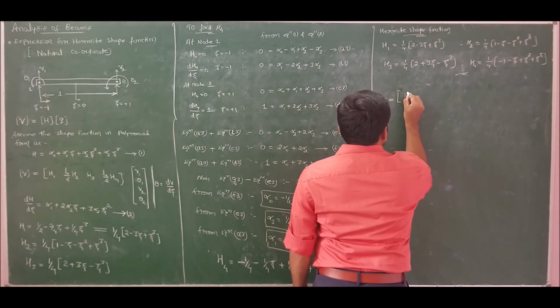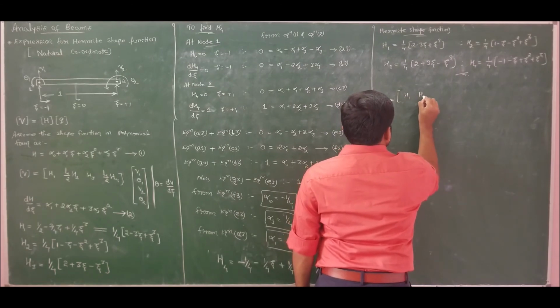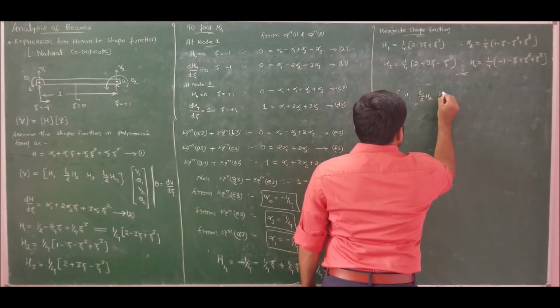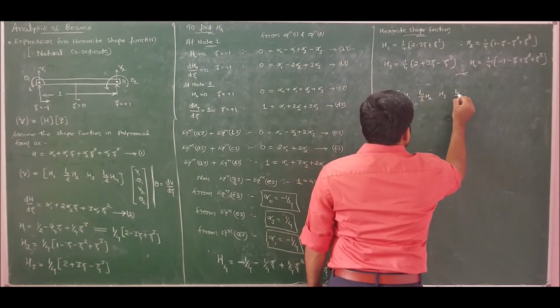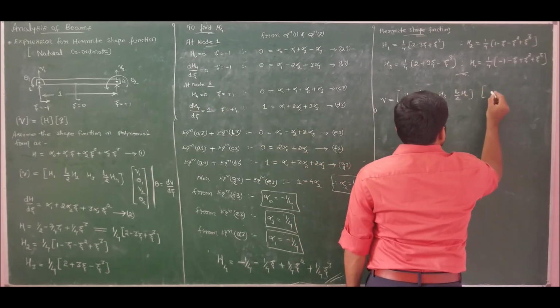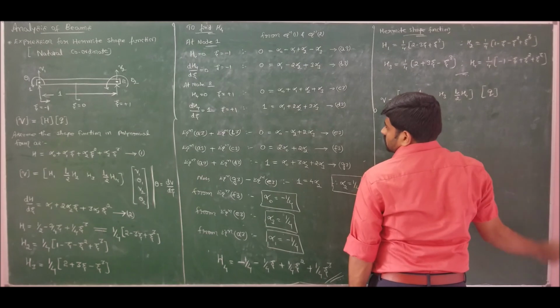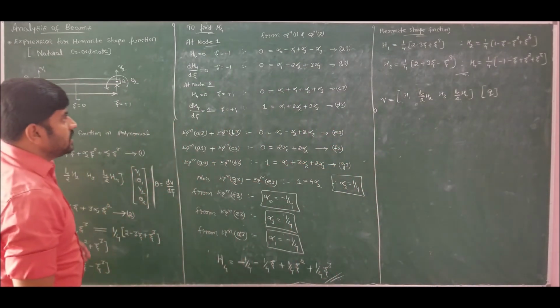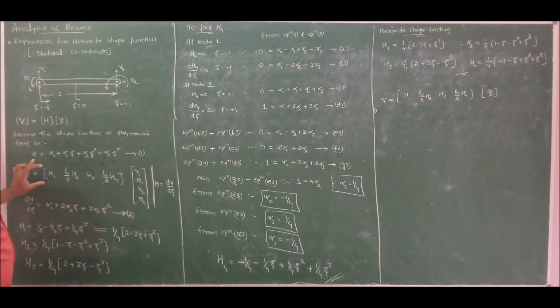We have H1, LE by 2 H2, H3 and LE by 2 H4 times Q. So the value of Hermite shape function H is this.